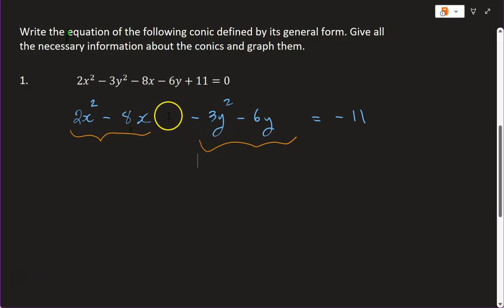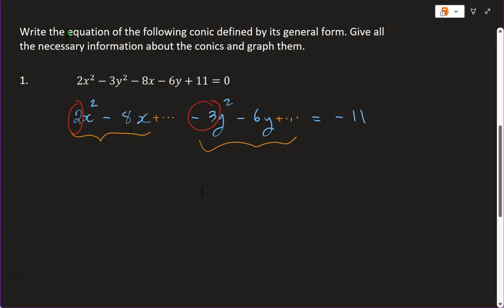I just want to make sure that you understand that you have to add something in here and something in there to make both of these perfect square trinomials. But it's not as easy because you've got these coefficients of 2 and 3. It's actually 2 and negative 3, so we have to deal with that, which makes it a little bit more interesting.